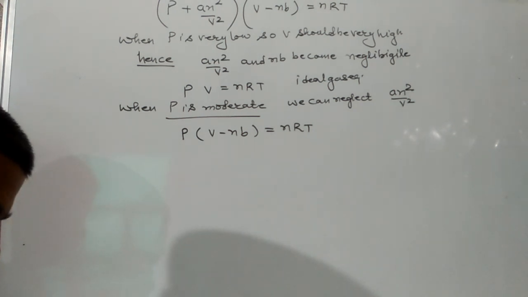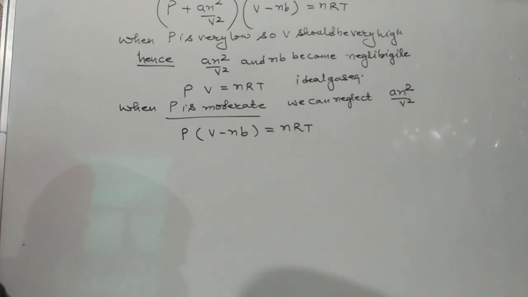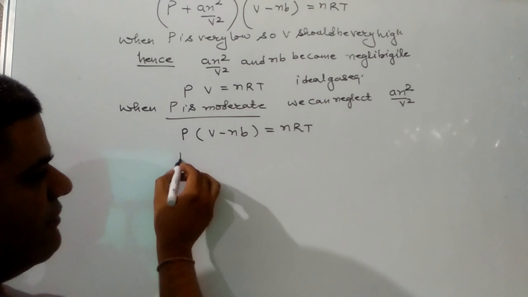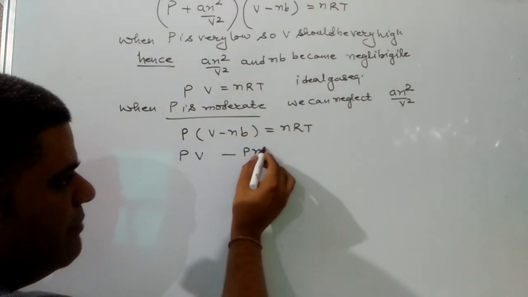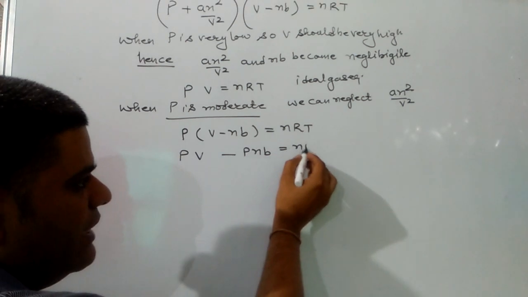From this we will get the equation PV minus Pnb is equal to nRT.